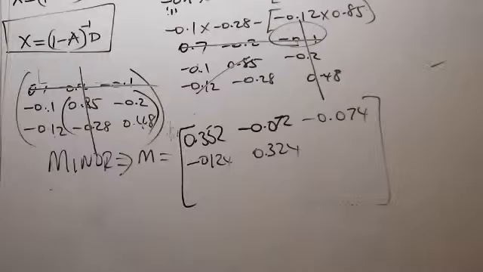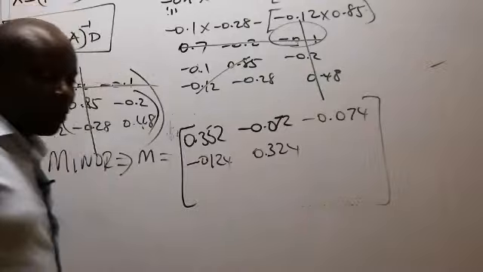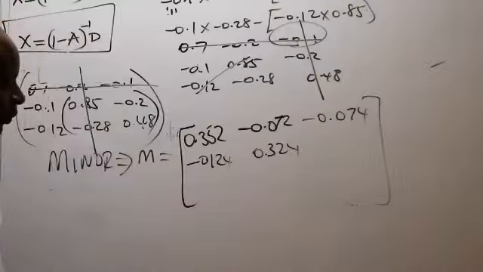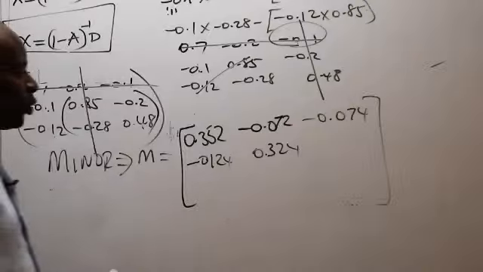So, ladies and gentlemen, what I'll do is simply to come and copy the figures that you guys have. The figure that you guys have, we have 0.124. Then we have 0.324. Thank you very much. We have 0.22 here.